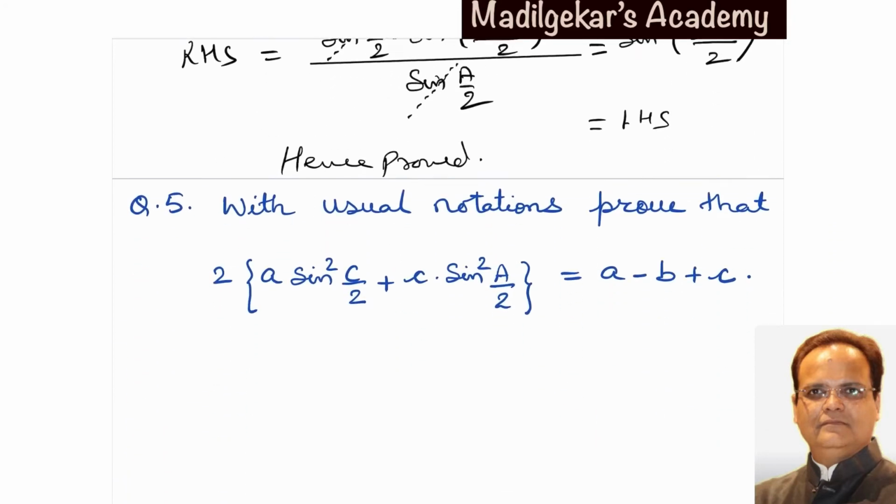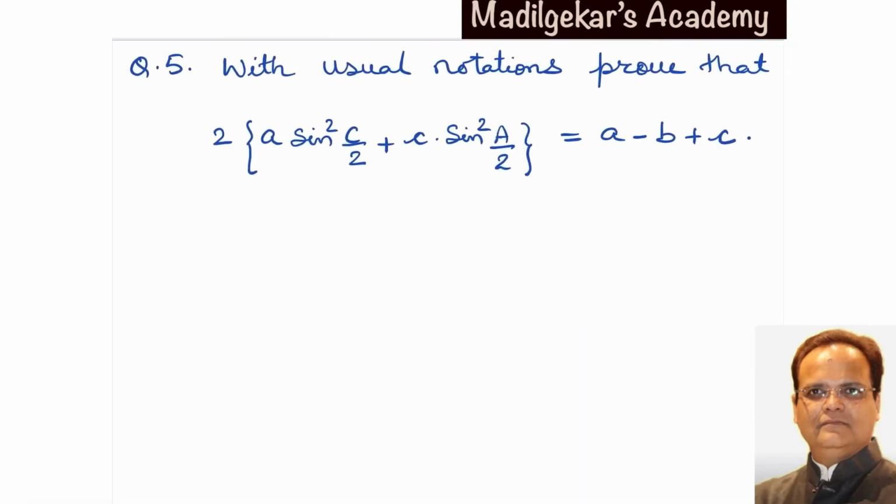Let's solve next question, question number 5. With usual notations, prove that 2 into (a sine square C by 2 plus c sine square A by 2) equals a minus b plus c. Here, let us consider LHS.